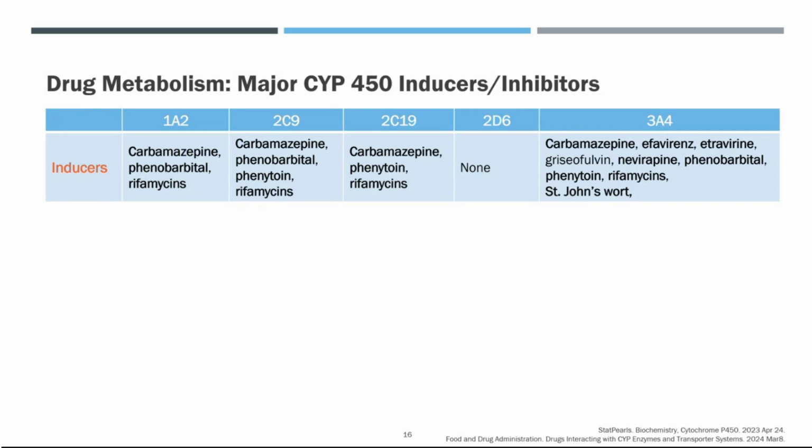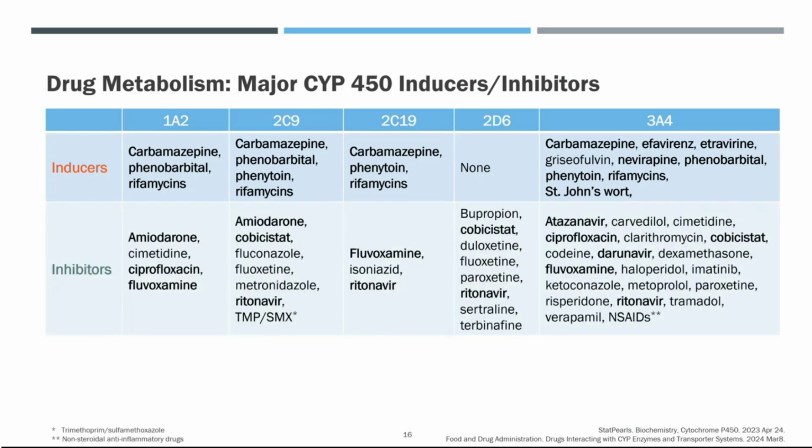And when we look under isoenzyme 3A4, we also see certain HIV medications, including efavirenz, etravirine, and nevirapine, as significant metabolizing inducers as well. And we also see St. John's wort, which is a commonly available over-the-counter medication that heavily induces 3A4 metabolism.